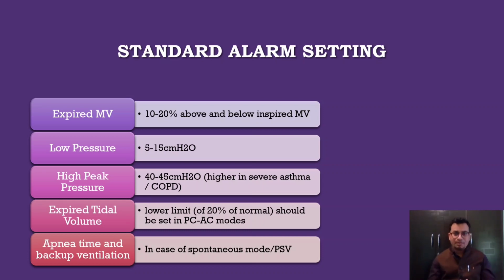High peak pressure alarm is set usually between 40 to 45 centimeter, and the high peak pressure alarm is usually triggered because of obstructed lung, or a resistance problem, tube problem, inspiratory valve issue, anything.